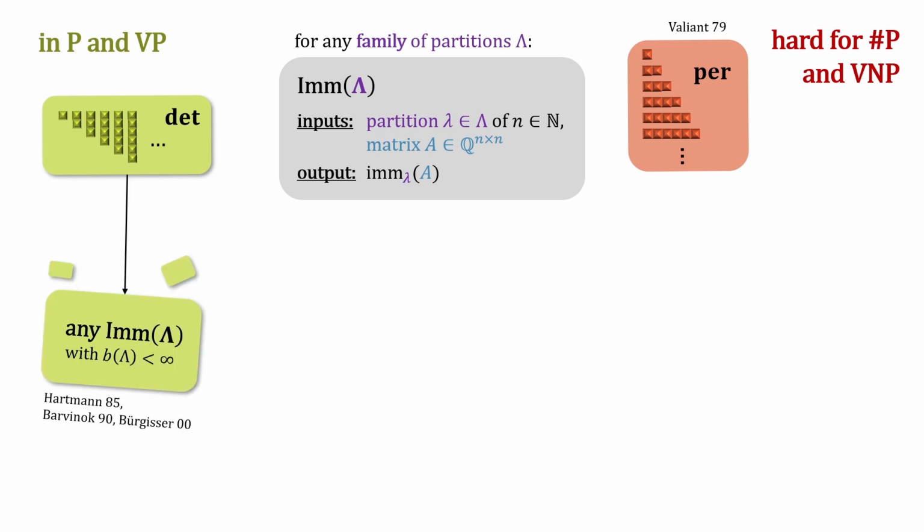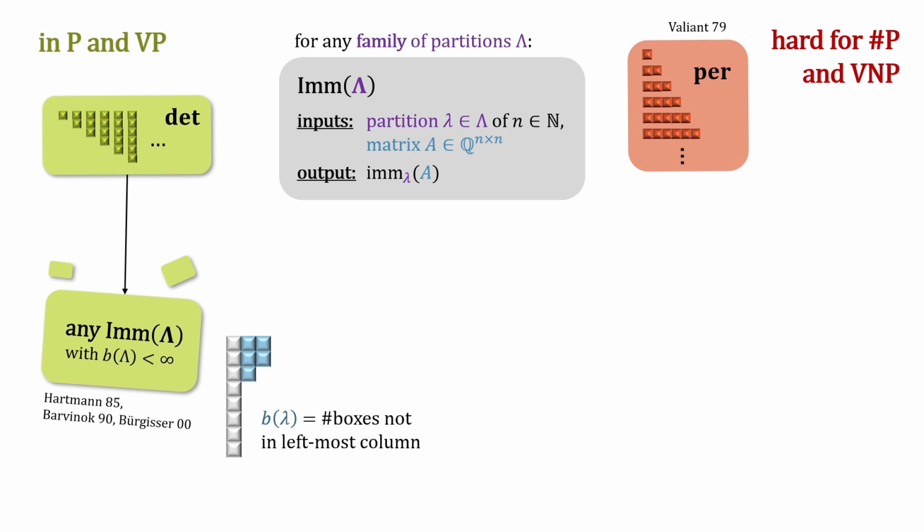There is a particular parameter b. If this parameter is finite in lambda, then the immanent problem for lambda is polytime. This parameter b is defined in a really simple way. For any partition lambda, just look at the Young diagram of lambda and just count how many boxes are not in the first column.